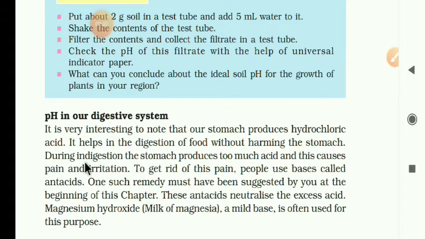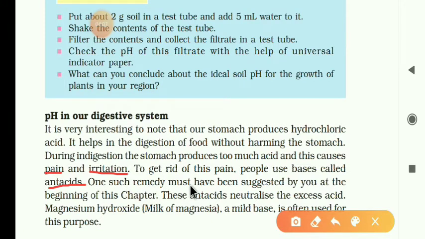But during indigestion, the stomach produces too much acid and this causes pain and irritation. To get rid of this pain, people use bases. That is called antacids.